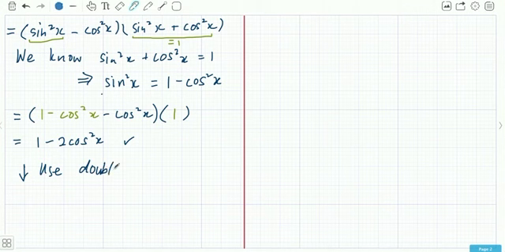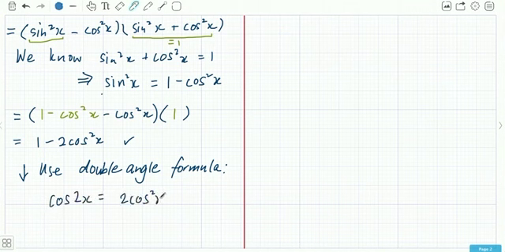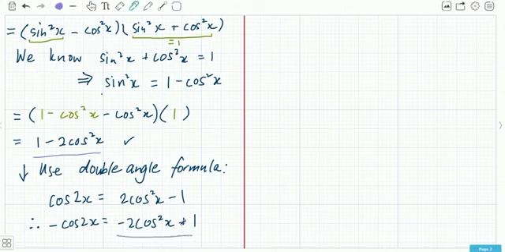So if you have a look at your double angle formula on your formula sheet, you'll remember that cos of 2x is actually 2 cos squared x minus 1. So negative cos of 2x equals, change both the signs. And that looks just like that. They're exactly the same.